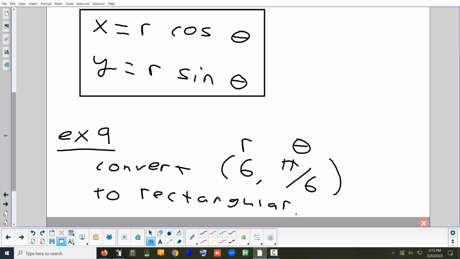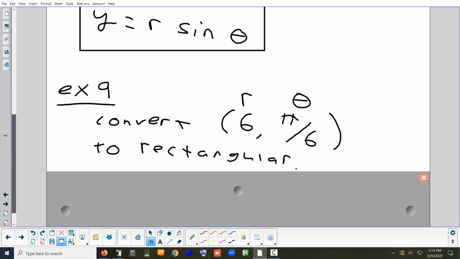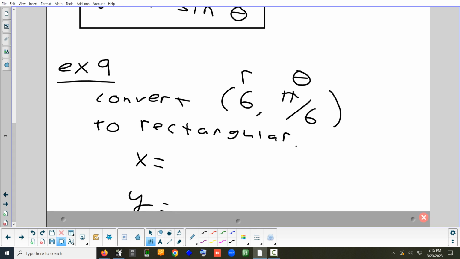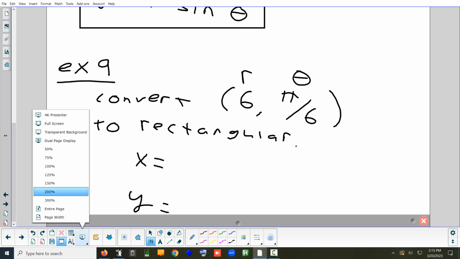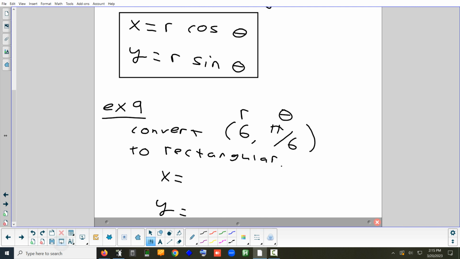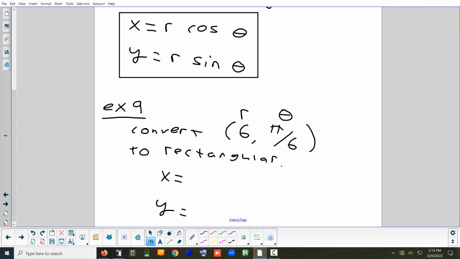It doesn't matter which one you do first. I usually do the x first, then I do the y. It doesn't matter. Okay, let's write it down. What's my formula for my x value, after I fill in the two numbers that they give me into what's in the box?